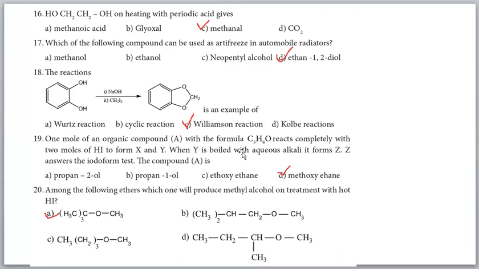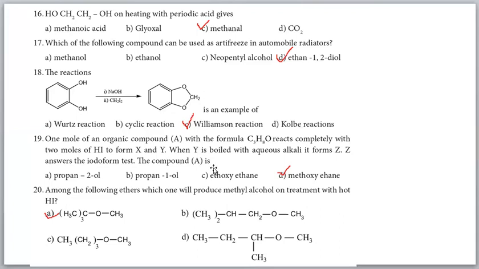If Y is methyl iodide, then Z is methanol. If Y is ethyl iodide, then Z is ethanol. Now you see, does Z answer the iodoform test? So Z should be ethanol. Ethanol answers the iodoform test; methanol does not undergo the iodoform test. So Z is ethanol.